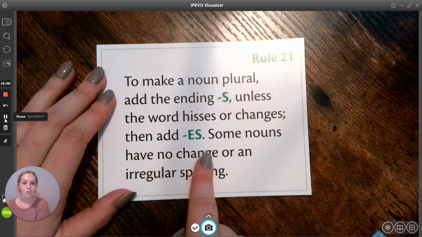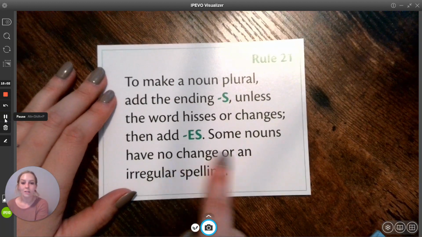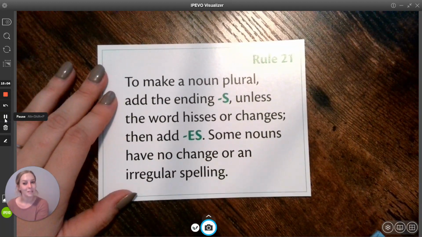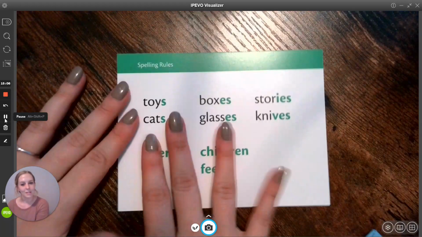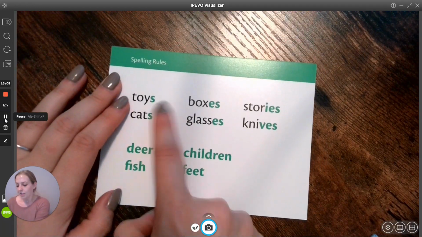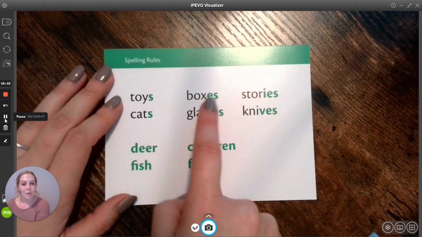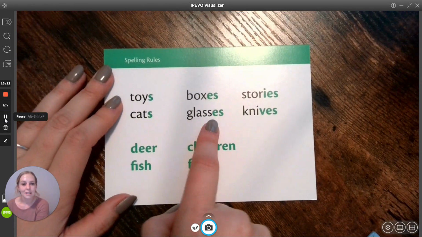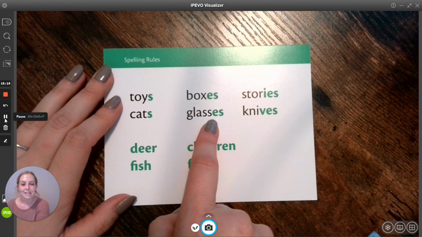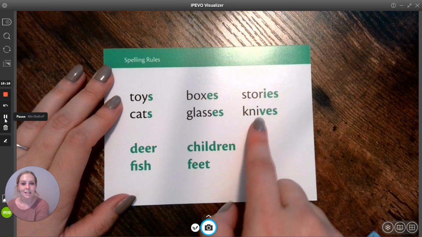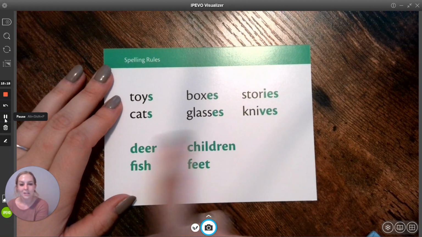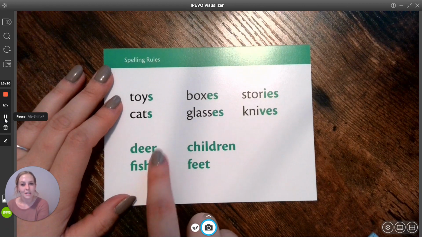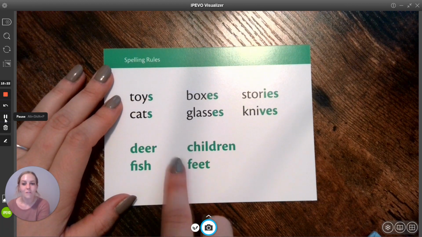Some nouns have no change or an irregular spelling. Nice job. Some examples: toys, cats, boxes, glasses, stories, knives. And then here are some examples of those irregulars: deer, fish, children, feet.